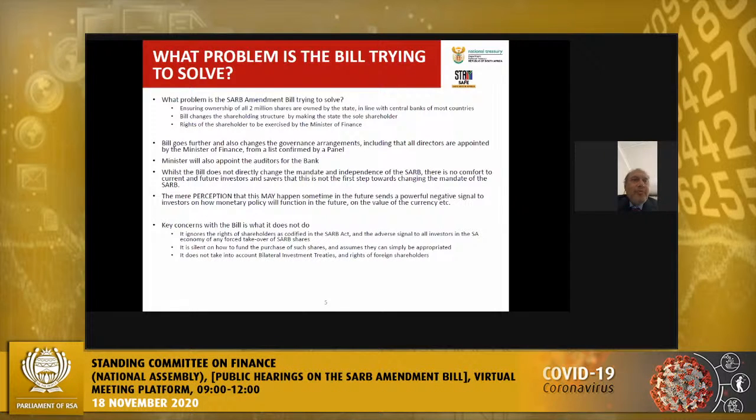Will it extend to other financial assets, for example? It's silent on how to fund the purchase of such shares, and in fact assumes that they can simply be expropriated. Perhaps that's the word, not appropriated. It does not take into account the bilateral investment treaties, which foreign shareholders in those countries can take up. Next slide.